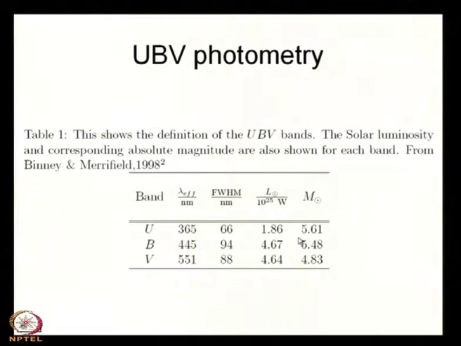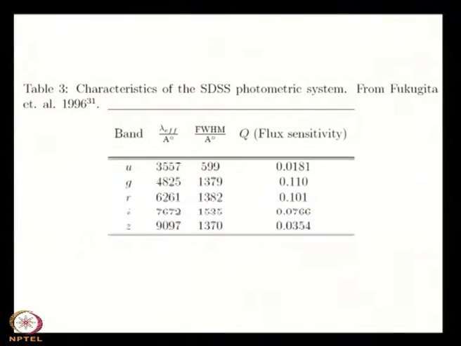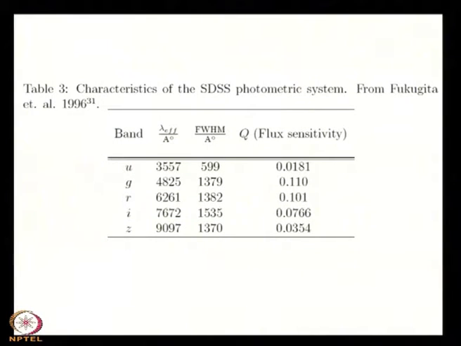So, this is a very classic photometric scheme, the UBV photometry. There are band systems which extend much beyond, all the way into the infrared. This table shows you the Sloan Digital Sky Survey. This is a very recently completed, actually I think it is nearly complete now, sky survey.